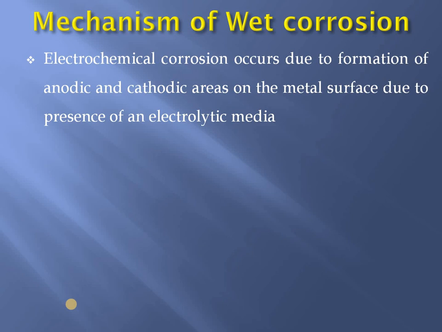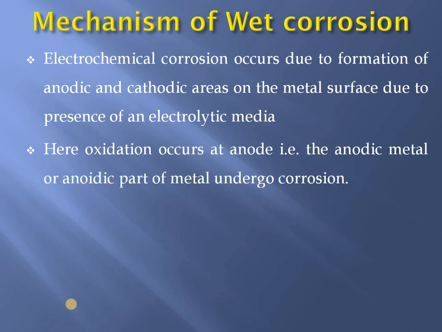Now, in case of wet corrosion, always the anodic metal undergoes oxidation, while the cathodic metal will not get affected by the process of corrosion. That means the corrosion always occurs at the anodic metal or anodic part of the metal.